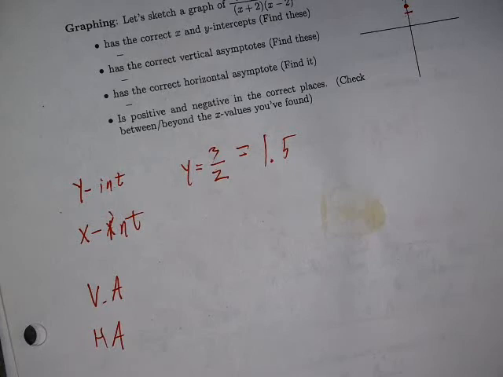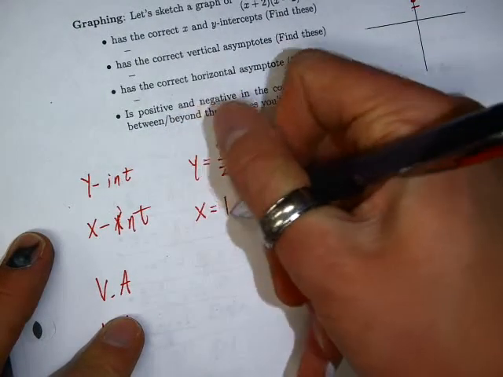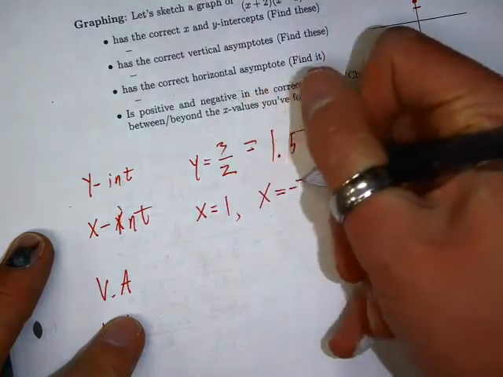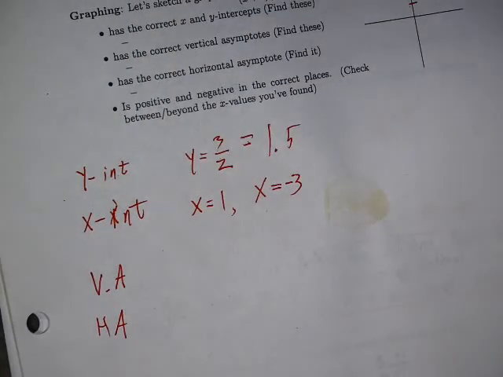Where are the x-intercepts of this function? X equals 1, x equals negative 3. Does that agree? Anyone want me to talk through those? Cool, then I'll draw them in.